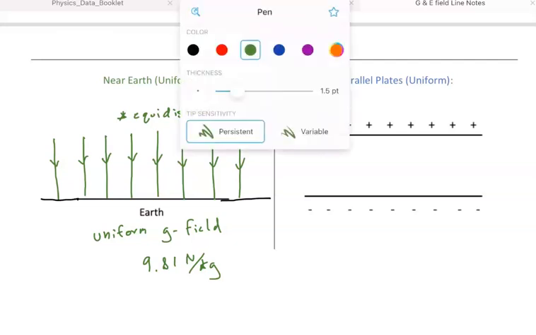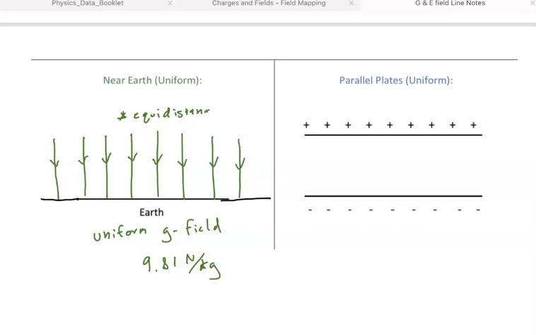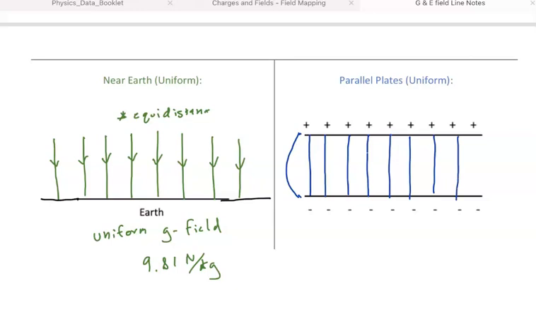When you make these parallel plates with positive and negative charges, when you're in the middle, you might notice that you have uniform fields. But once you get to the ends, you get these edge effects. And these also should be equidistant inside, I didn't do a great job.